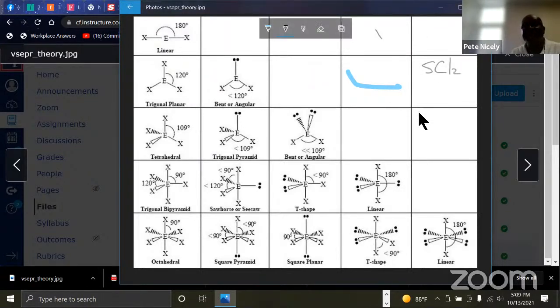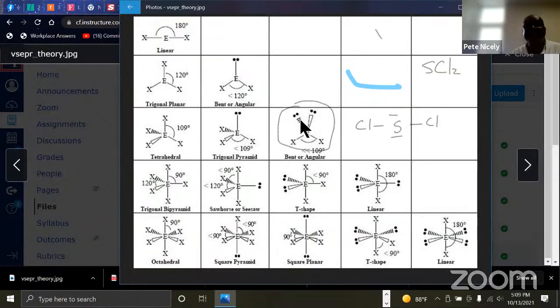And if you remember, the Lewis structure for SCl2 is S bonded to Cl, bonded to Cl, and you have 2 lone pairs here, right? Well, this structure here would correspond to this arrangement right here. You have the central atom, which is the S, bonded to 2 other atoms, which would be the chlorines. And that central atom also has 2 lone pairs, which would be this lone pair and this lone pair.